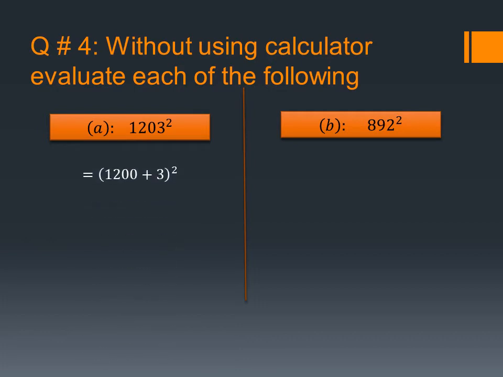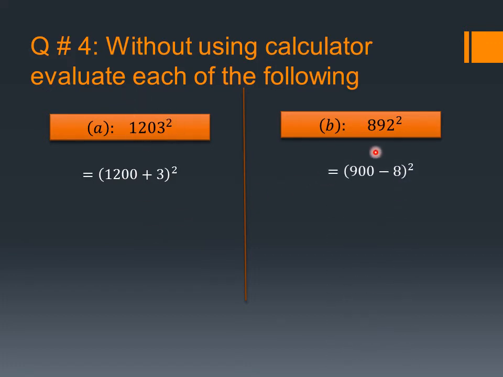So can I write 1200 plus 3, and the square will remain the same above the whole bracket. Instead of writing 1203, I can write 1200 plus 3. You may write 1100 plus 103. You may write 1300 minus 97. Anything could be written here. But after adding or subtracting, our answer should be 1203.